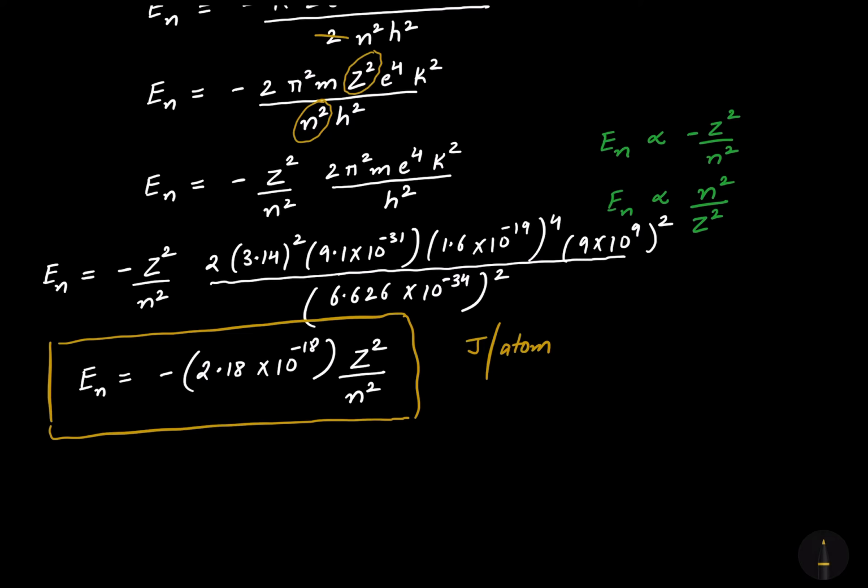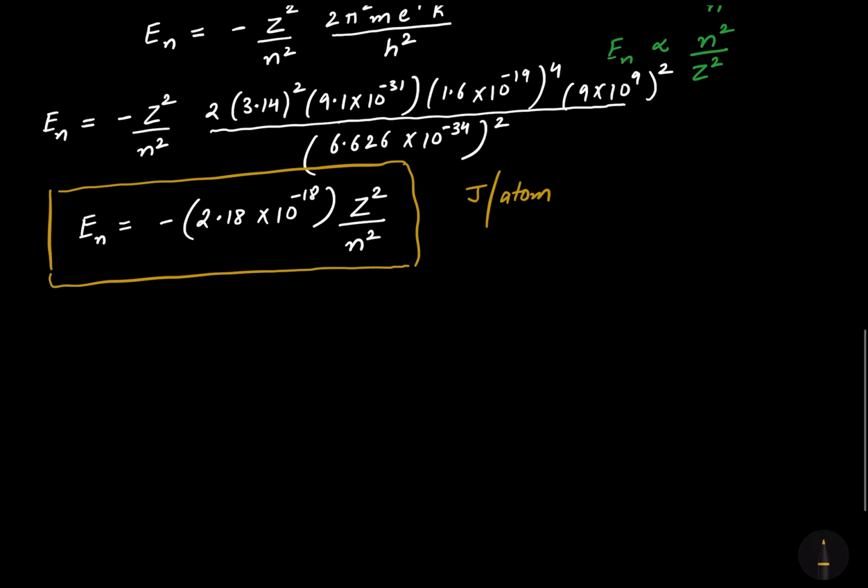Now let's convert this unit joules per atom to electron volts per atom. I know that 1 joule is equal to 6.24 into 10 raised to the power 18 electron volts.